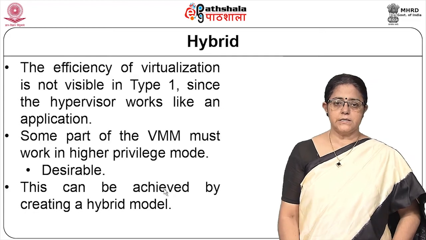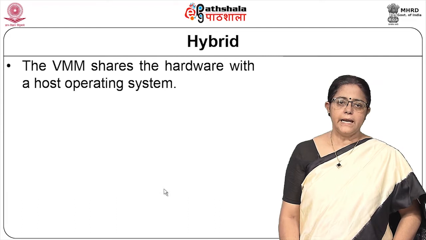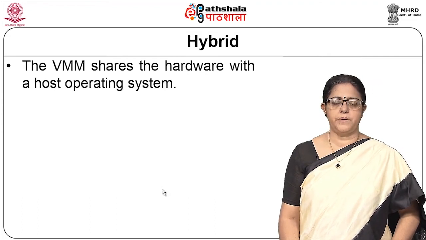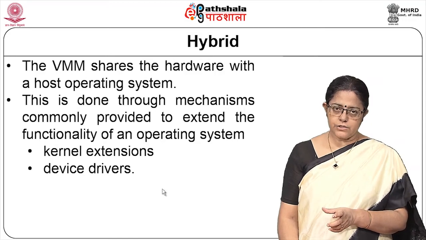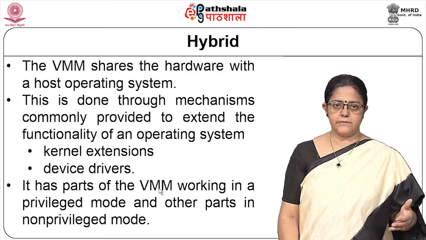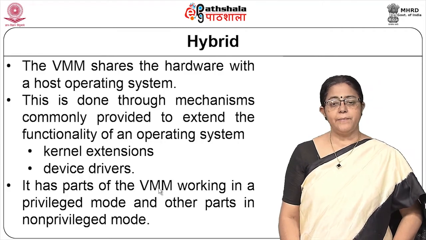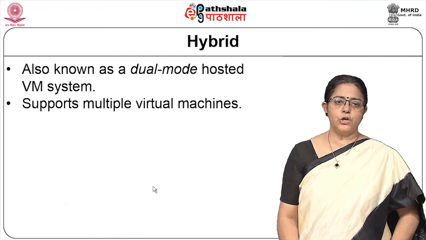This is done by using a hybrid model. In the hybrid model, the VMM shares hardware with the host operating system. We keep the host operating system and also the VMM through kernel extensions and device drivers. This can be implemented. So, this is how it will look.